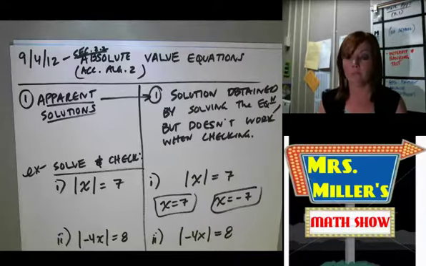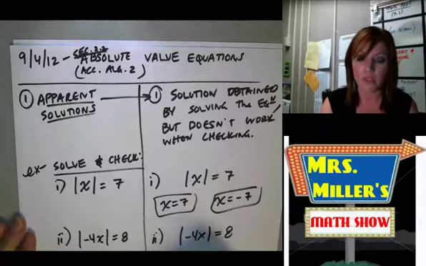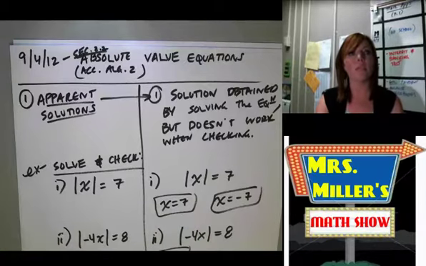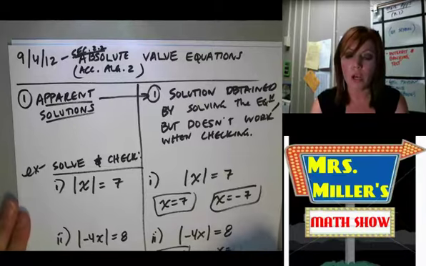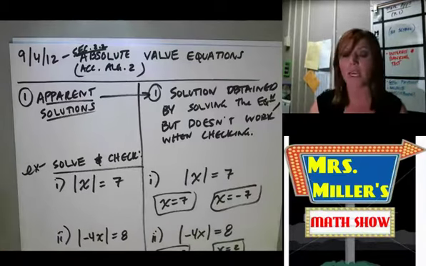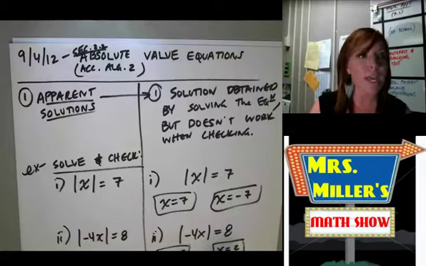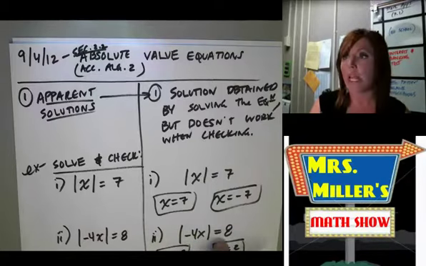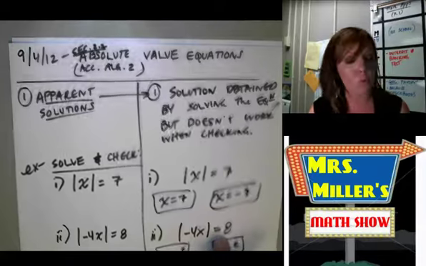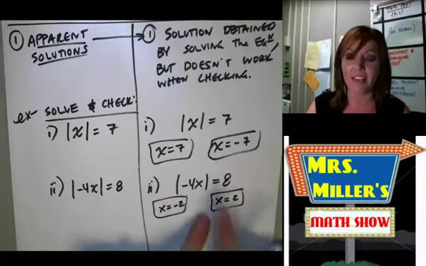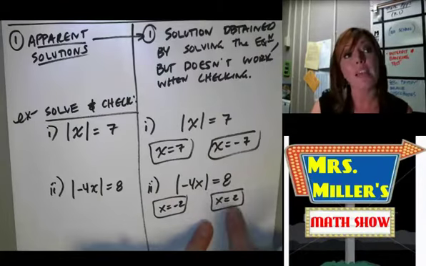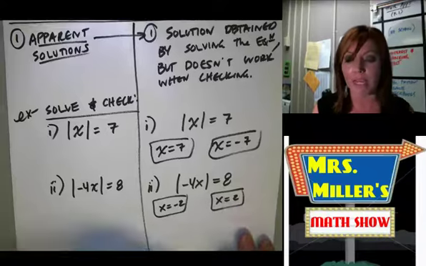Ashley, -2, okay. Is there another one that you can think of? Natalia? 2, good. If we plug this back in, a mental check, -4 times -2 is +8. The absolute value of +8 is 8, so that works. And -4 times +2 is -8. The absolute value of -8 is +8.